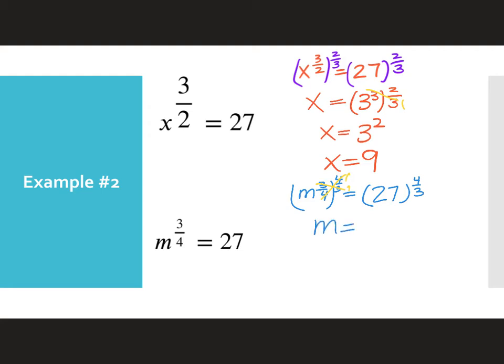And 27, I can rewrite as 3 to the 3rd to the 4/3. These will cancel to give me 1. So then I have m is equal to 3 to the 4th. I accidentally tapped the eraser. So that means that m is equal to 81.